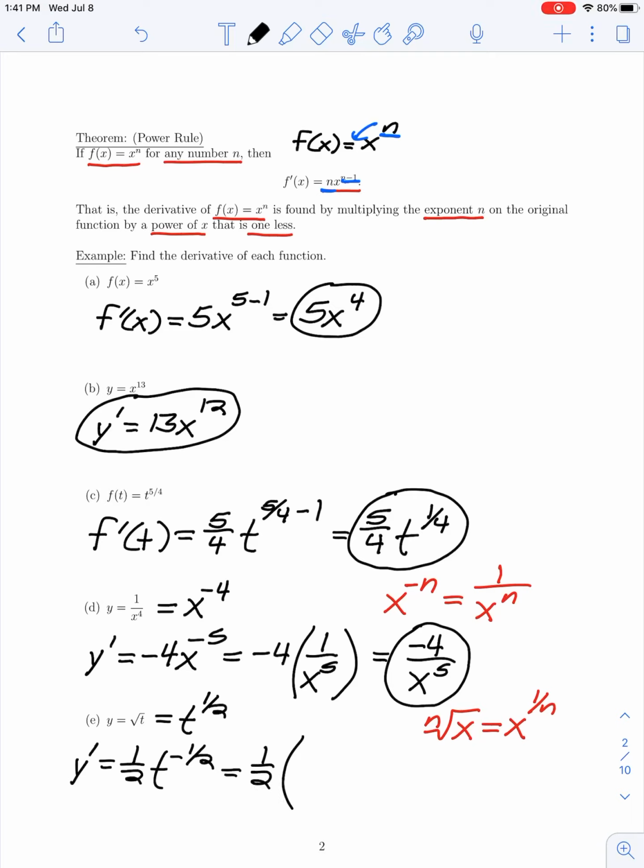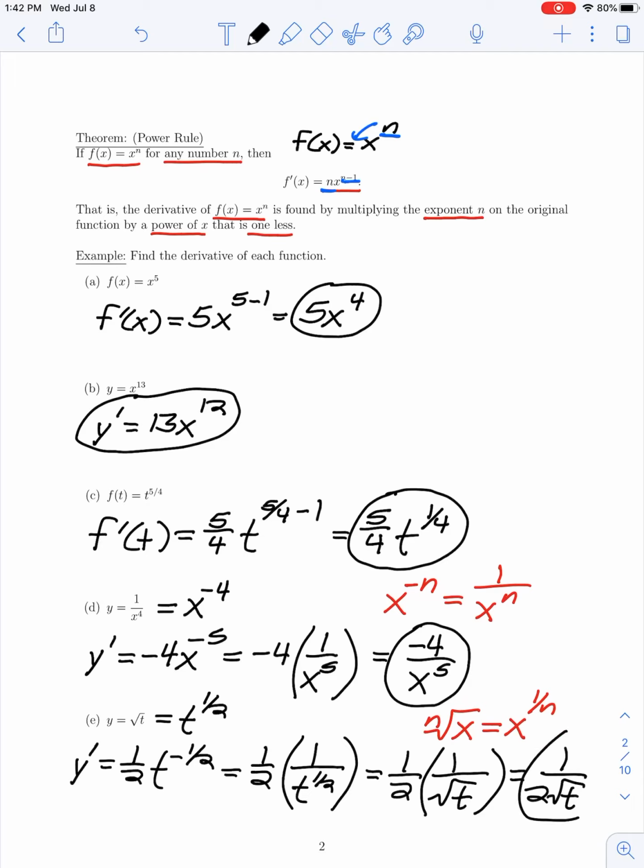Now t to the negative 1/2 is the same as 1 over t to the 1/2. Or this is the same as 1/2 times, in our denominator, that t to the 1/2 is the same as square root of t. So taking our product, we have a derivative of 1 over twice the square root of t.